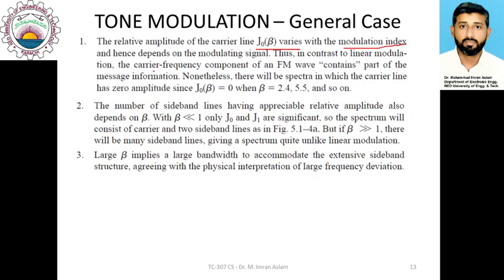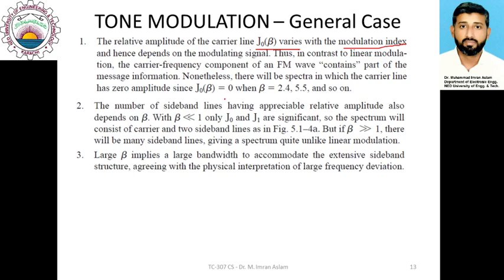So it actually carries some of the message information. You should recall that in linear modulation, the carrier component does not contain the message. However, for the FM case, the carrier part also contains a part of the message information. So we cannot remove that carrier component.